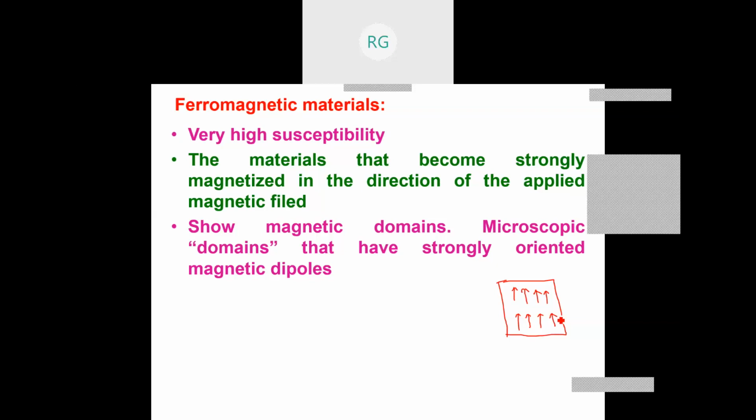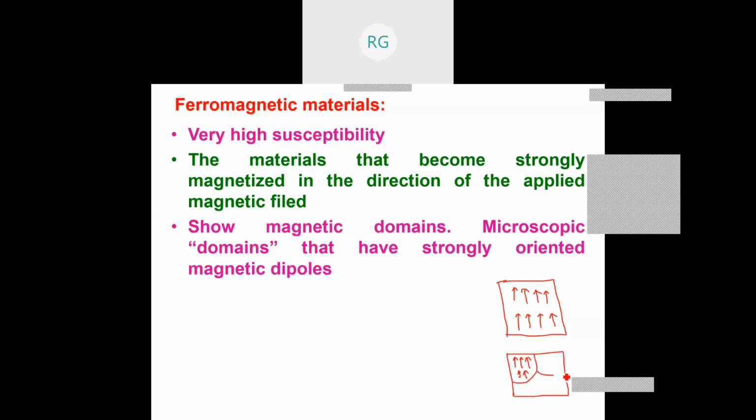The reason is that even though we say that the magnetic dipole moments or spins are aligned in the same direction, it was observed that in a ferromagnetic material the spins are, of course, parallel, arranged in the same direction, but this parallel arrangement of spins or magnetic dipole moments is only confined to a particular region.